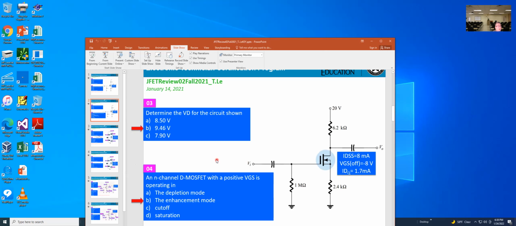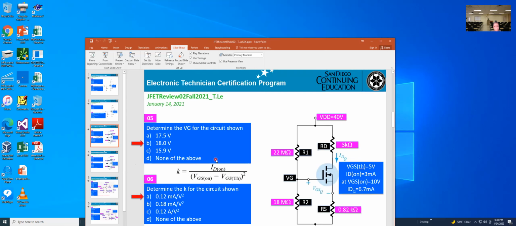Number 4 will be B. Number 5, they want to know VG for the circuit shown. You understand that the same voltage divider. You take VDD times R2 divide R1 plus R2, and you will get 18 volt. Number 5 will be B.